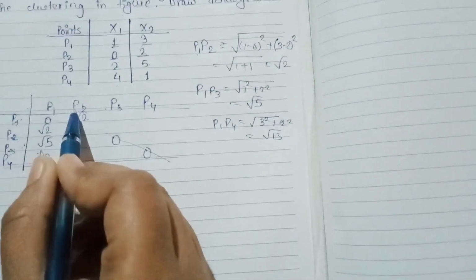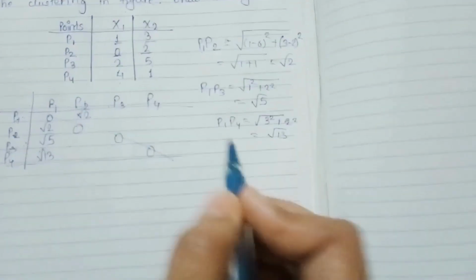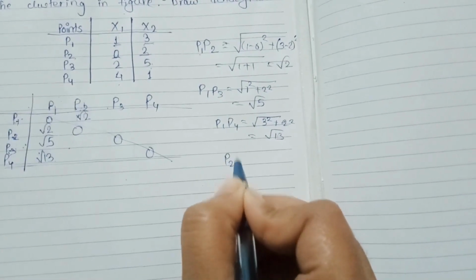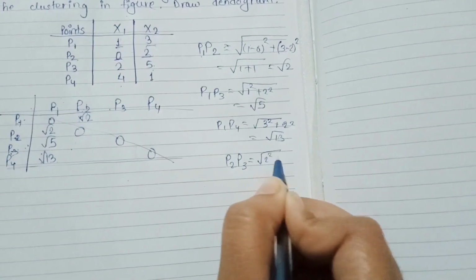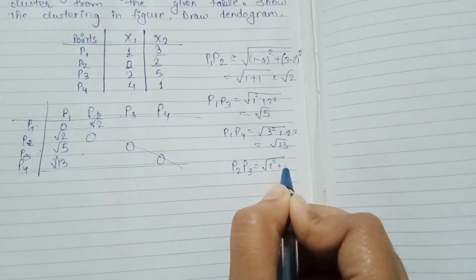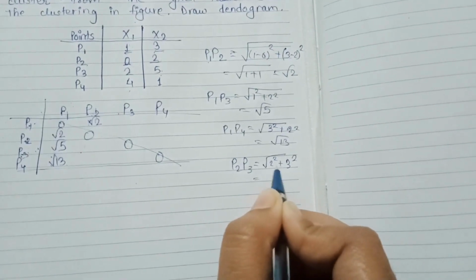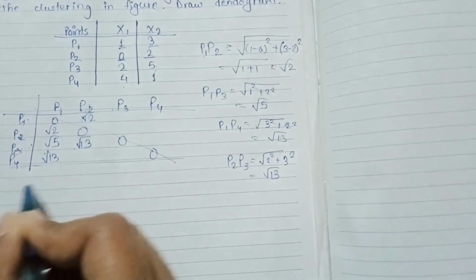Similarly, P2 and P3: P2 is (0, 2) and P3 is (2, 5). So 2 square plus (2 minus 5), that is minus 3 square, that is 3 square. Again it will be root 13, so here it will be root 13.